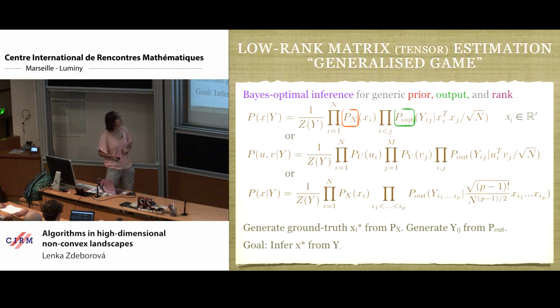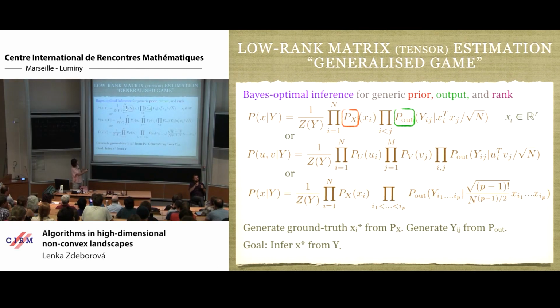So the first point. So here I'm just showing you how this posterior probability distribution changes if you have a generic prior on the cards and generic output channel on what I observe given the product of the two cards. And this matrix that I observe in our game was symmetric, but I can also make it asymmetric if I have, in a sense, a bipartite Sherrington-Kirkpatrick model, if you want this case.